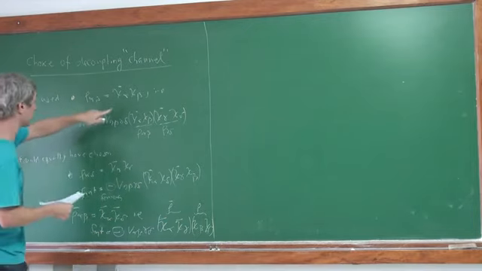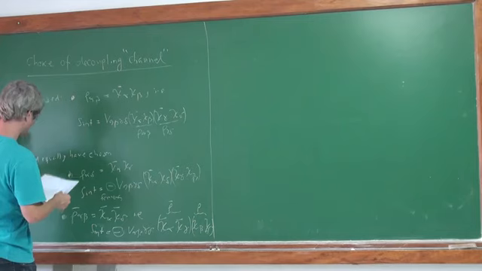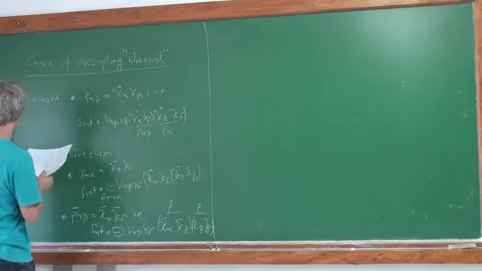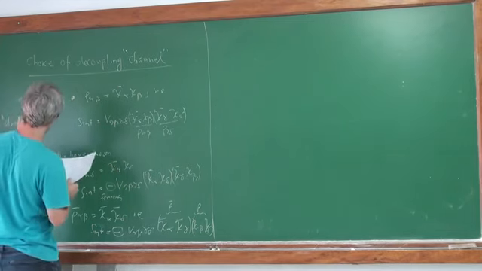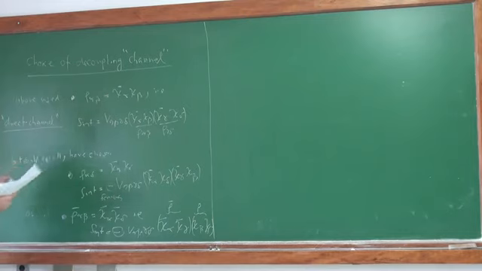So this is called the direct channel, or also the density channel, but let's call it here first direct channel. And maybe the meaning becomes more clear once we discuss it in more detail. This is called the exchange channel.